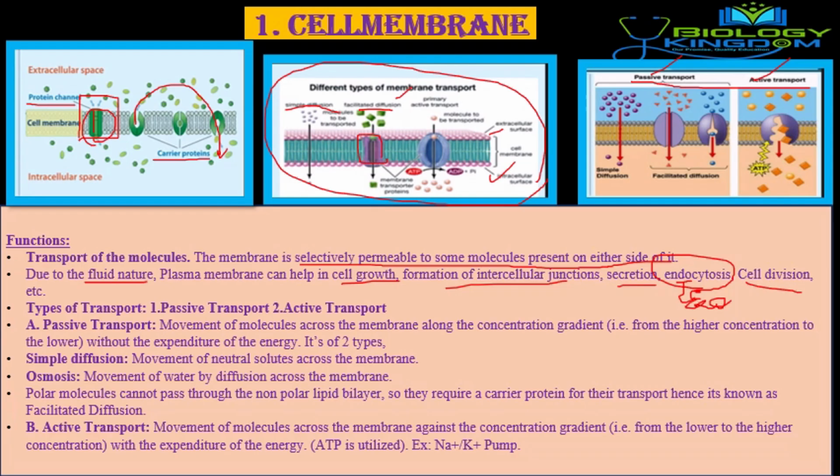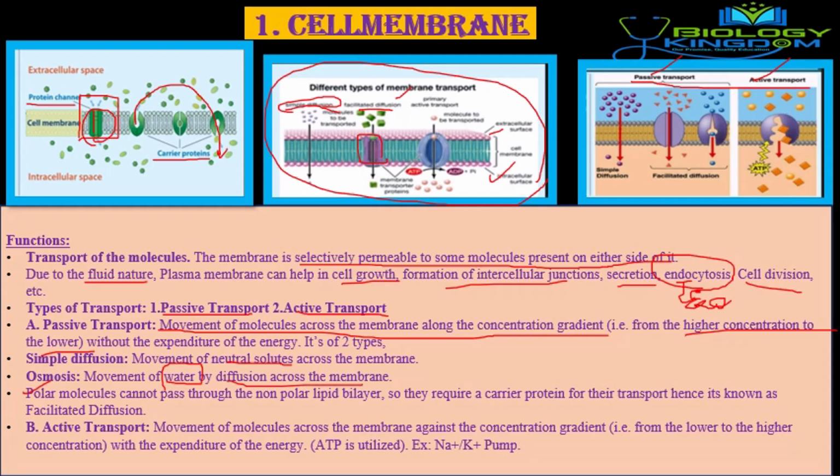Now here, as I discussed, there are two kinds of transport. One is passive transport and the other is active transport. The movement of molecules across the membrane along the concentration gradient, as I have said, is from higher concentration to lower concentration. Simple diffusion is where neutral solutes move across the membrane, whereas osmosis is only about the diffusion of water across the membrane.